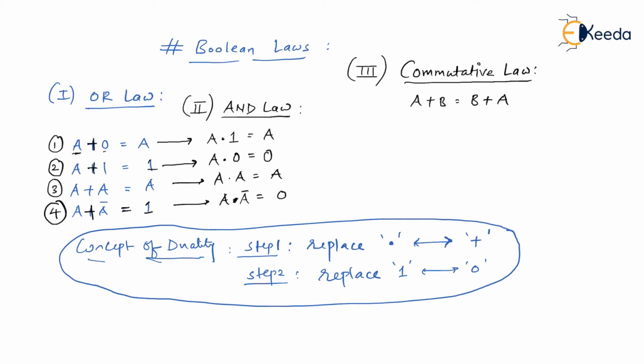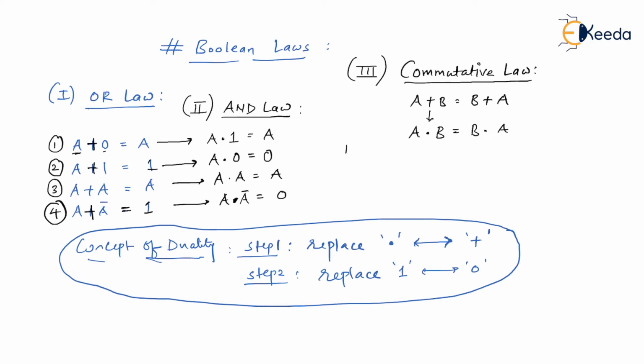If this equation is true, then its dual is also true. I'm sure you remember what is meant by a dual. Keep A as it is, replace sum with product, keep B as it is, equal to B dot A. So A dot B is equal to B dot A. Even if you AND A with B or B with A, it is one and the same thing. I hope you understand that.